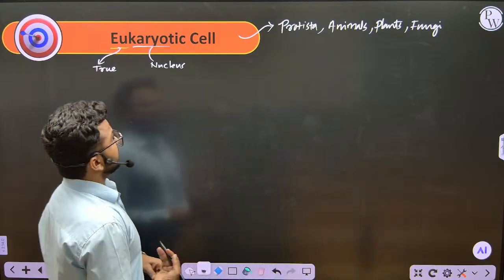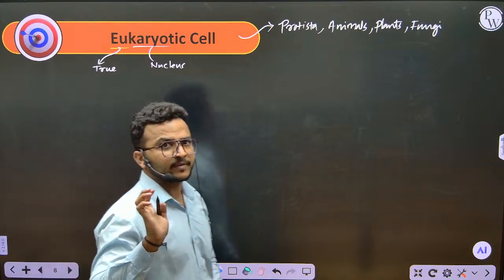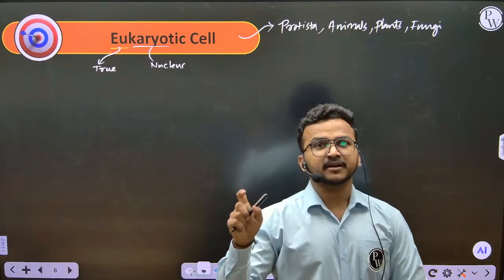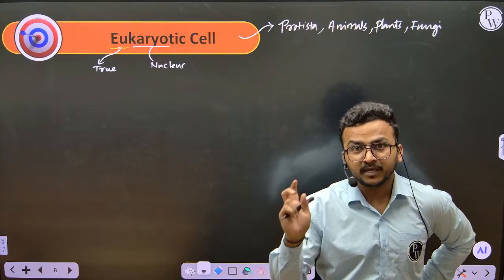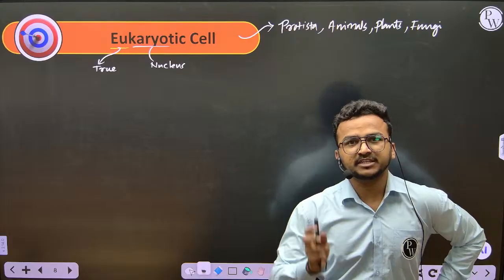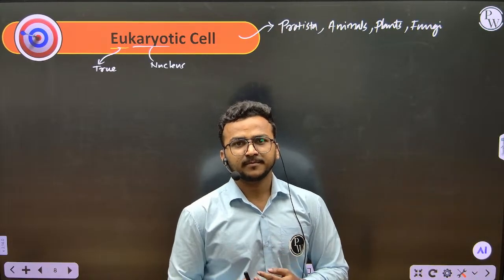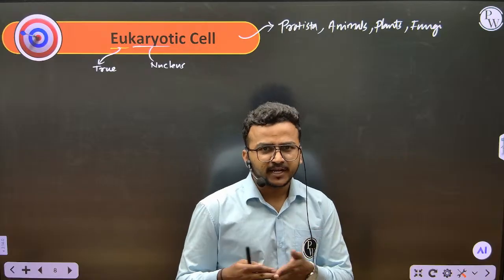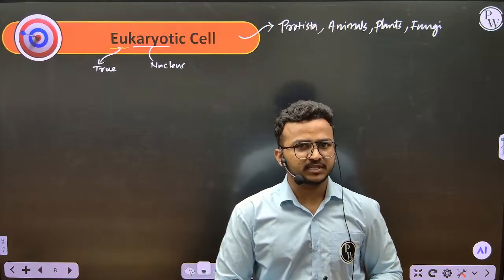In eukaryotic cells, not all eukaryotic cells are the same. They are different in different organisms, and within the same organism, different eukaryotic cells will be there. Just take the example of a nerve cell, RBC, muscle cell. All these are different in appearance, in structure, in composition, isn't it?